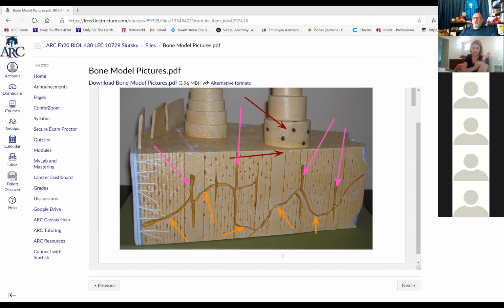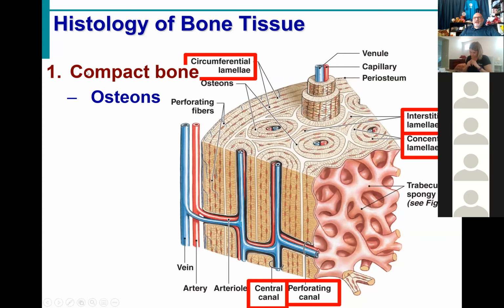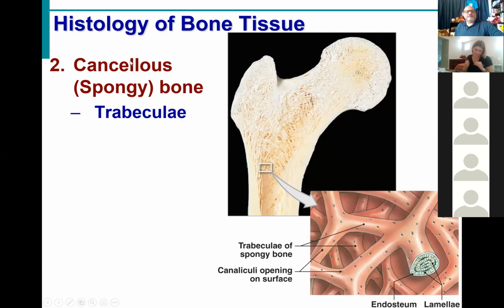Do you think this model might be on the exam? Maybe? Yeah, I think so too. I think that's not giving away any trade secrets by pointing out that this does a great job of showing this on this particular material. Excellent. So that is our compact bone.